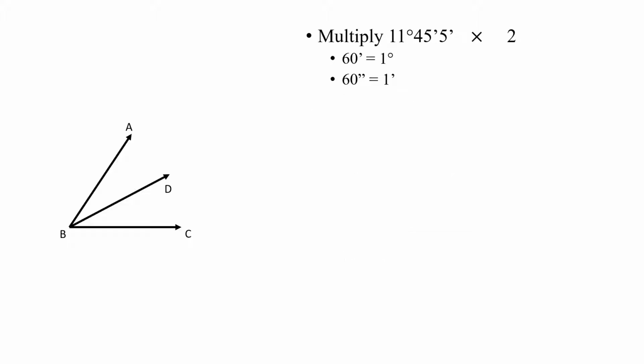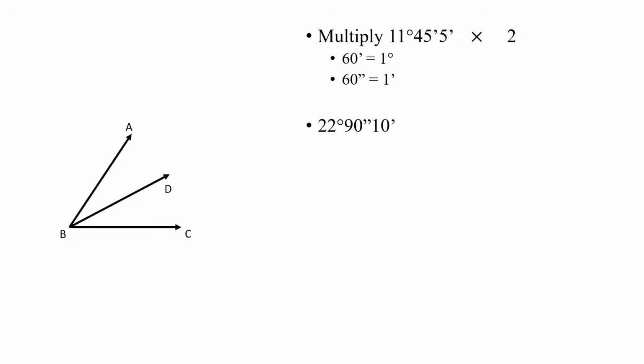What if we're asked to multiply 11 degrees, 45 minutes, and 5 seconds by 2? If we multiply each of these by 2, the 5 seconds gives us 10 seconds, the 45 minutes gives us 90 minutes, and the degrees give us 22 degrees.